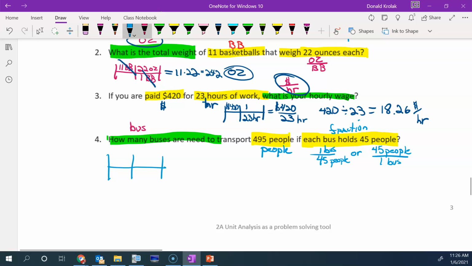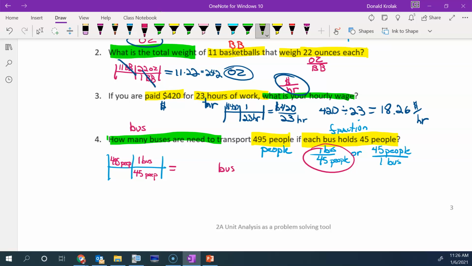Okay, I got 495 people. And I want to end up with bus. And I want bus to be in the numerator when I'm done. So if I write it like this, the word people will cancel out. That's what I want. One bus, 45 people.